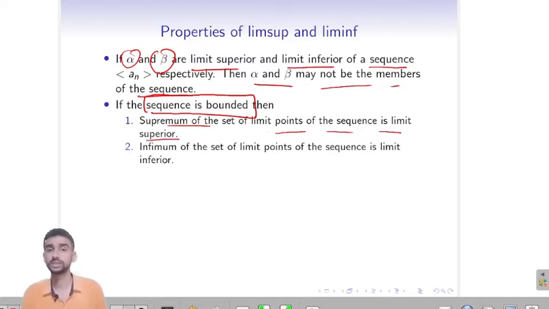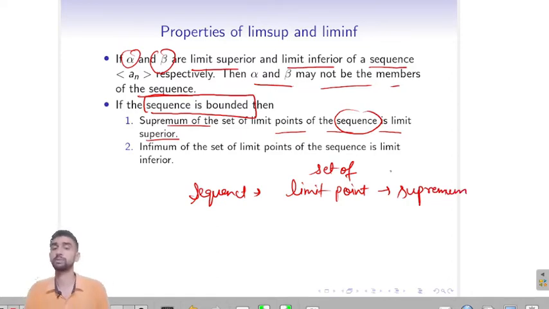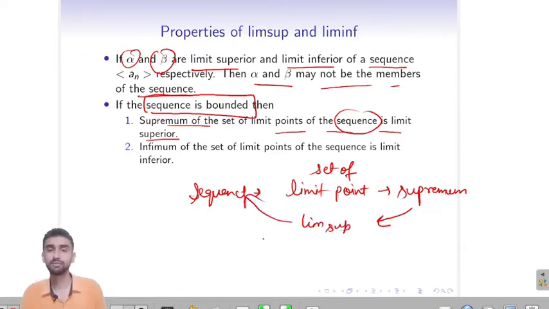Means what it is saying, you have a sequence, you find all its limit points, make them a collection, so it will become the set of limit points, and you find its supremum, the supremum of the set, and this supremum of the set will become the LimSup of the sequence, hai na? And same thing will happen if you find its infimum. Infimum of what? Infimum of the set of limit points. This will become the LimInf of the sequence.